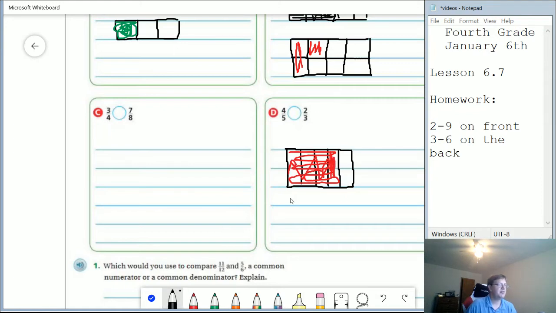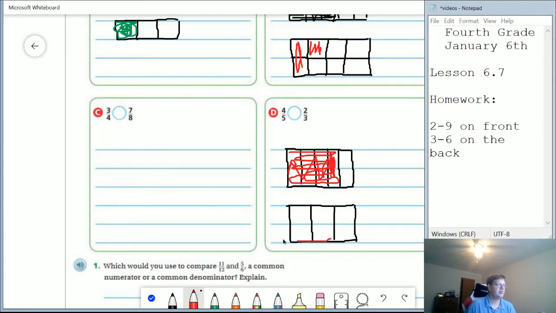So now what I'm going to do is I'm going to make a similar sized shape, but I'm only going to break it up into 3 equal parts this time. And so this would give me 1 part, 2 parts, and 3 parts, and I'm going to fill in 2 of those.